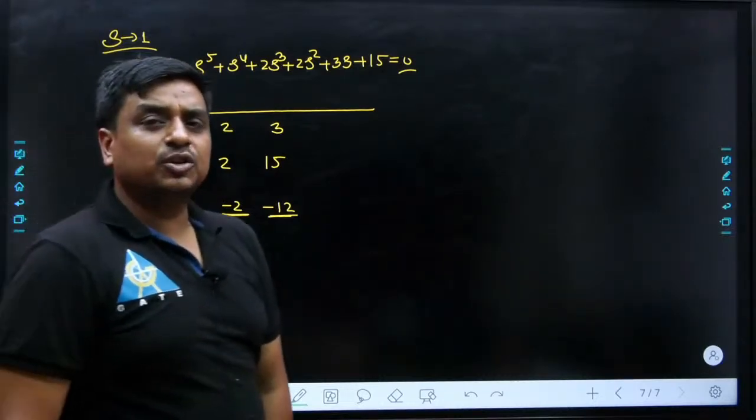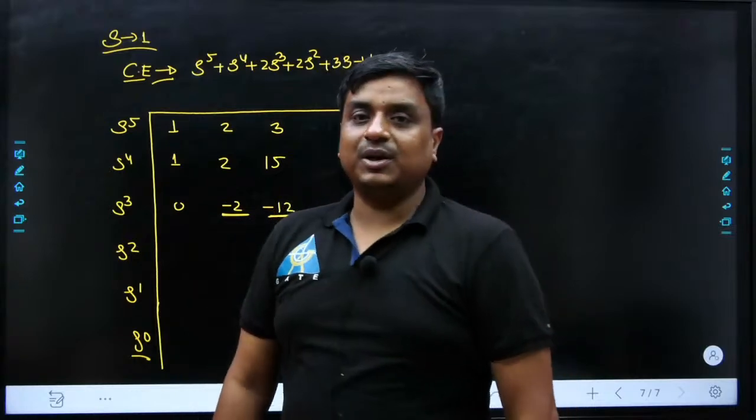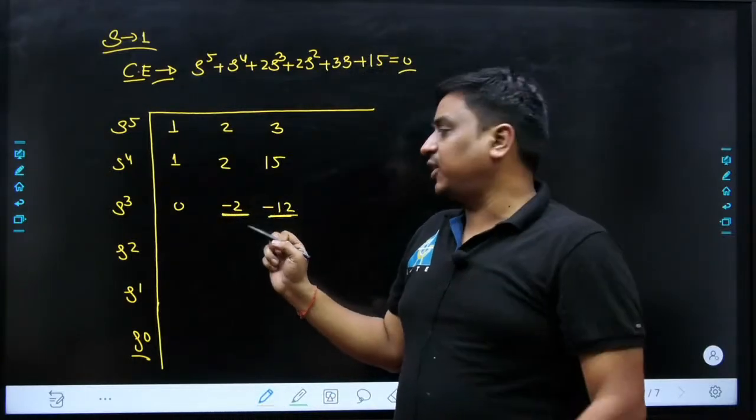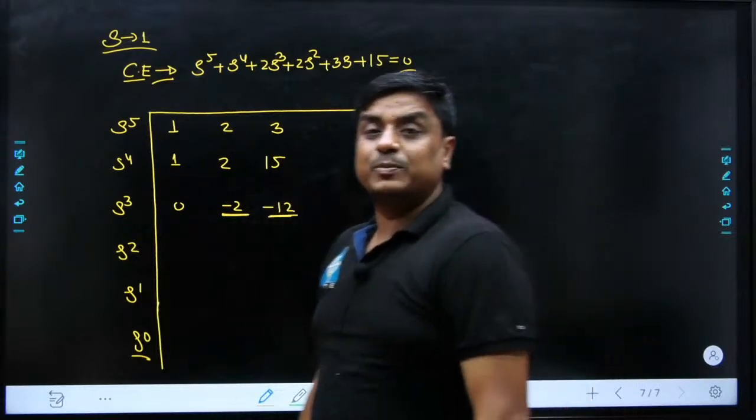Now the second thing that comes to mind is, sir, what's the benefit? The benefit is there, my dear friends. If this data is smaller because of extraction of a common factor, the calculation for the future would become easier.